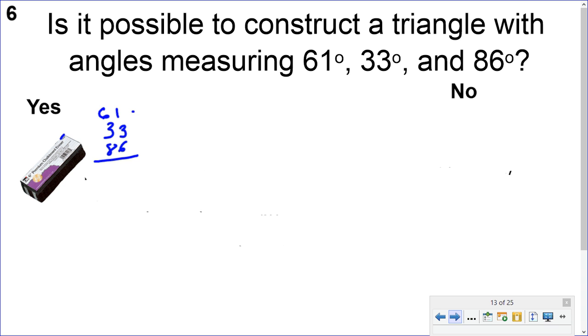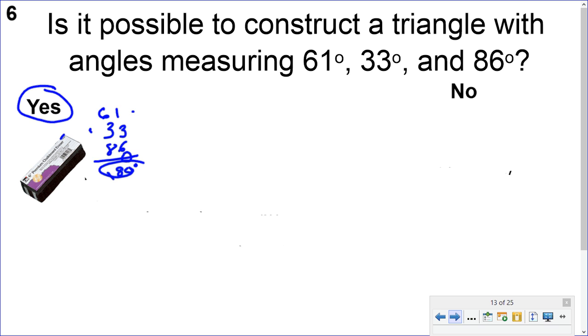That's 9, 10, carry the 1. That's 6, 9, 10, 18. So that adds up to 180 degrees. So my answer would be yes, it is possible.